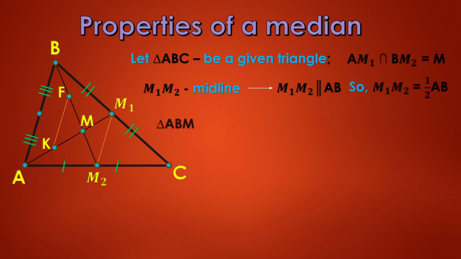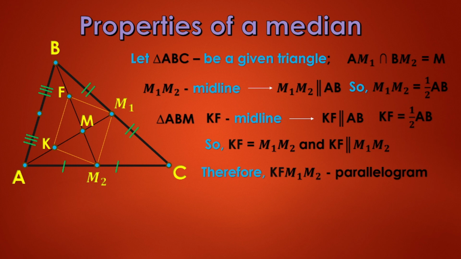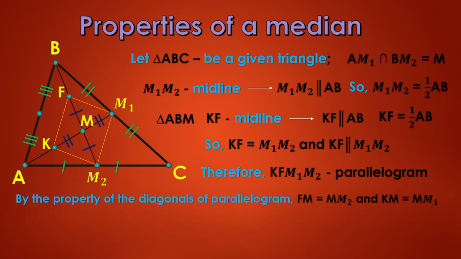In the triangle ABM, KF is the midline, KF parallel to AB, that's why KF equals 1/2 AB. Hence, KF equals M1M2, and KF parallel to M1M2, therefore the quadrilateral KFM1M2 is a parallelogram. By the property of the diagonals of a parallelogram, FM equals MM2 and KM equals MM1.